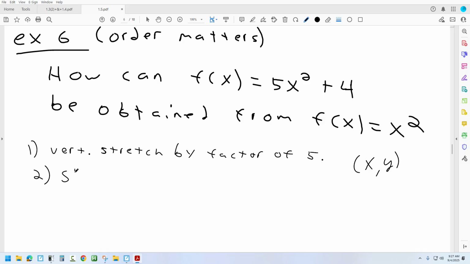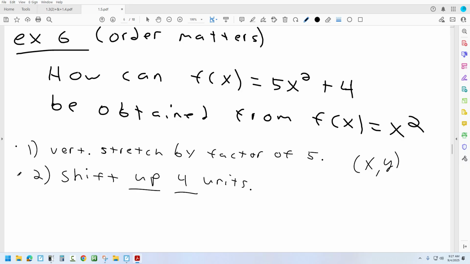Yep. So you could say vertical shift up by 4. You could also shorten it to just say shift up 4 units. As long as you tell me the direction you're shifting and how much, that's important. If you just said shift up, no, you haven't told me enough. If you just said shift 4 units, no, that's not enough either.